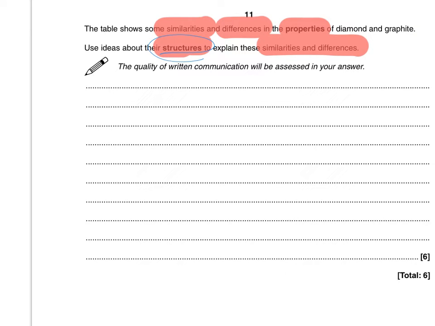Okay, so it might be that we choose a difference as electrical conductivity. Now, we can explain this using the idea of free electrons, so that's what we'll probably do, and that's then linking the idea of structure to a property.